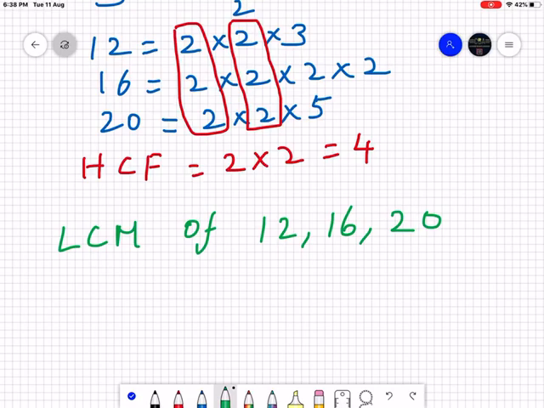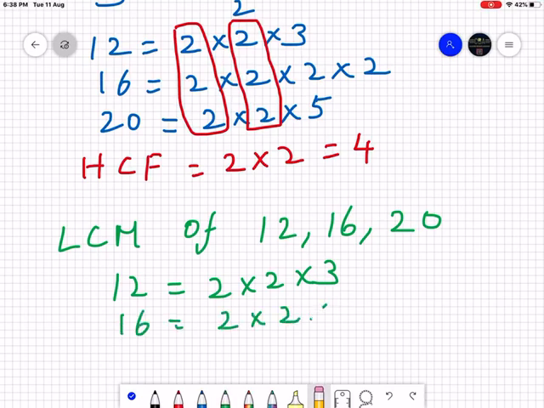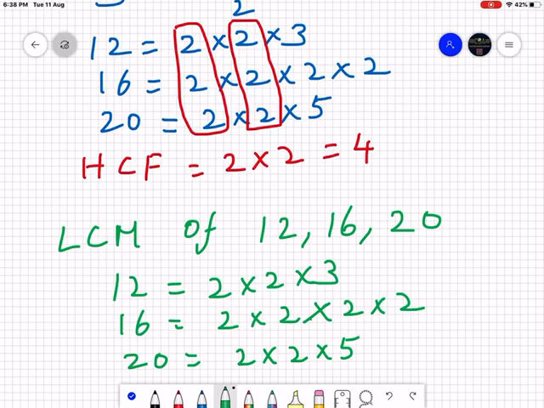Anyway, I will write it again: 12 is 2 into 2 into 3, 16 is 2 into 2 into 2 into 2, and 20 is 2 into 2 into 5. For LCM and HCF, this step is going to be the same.